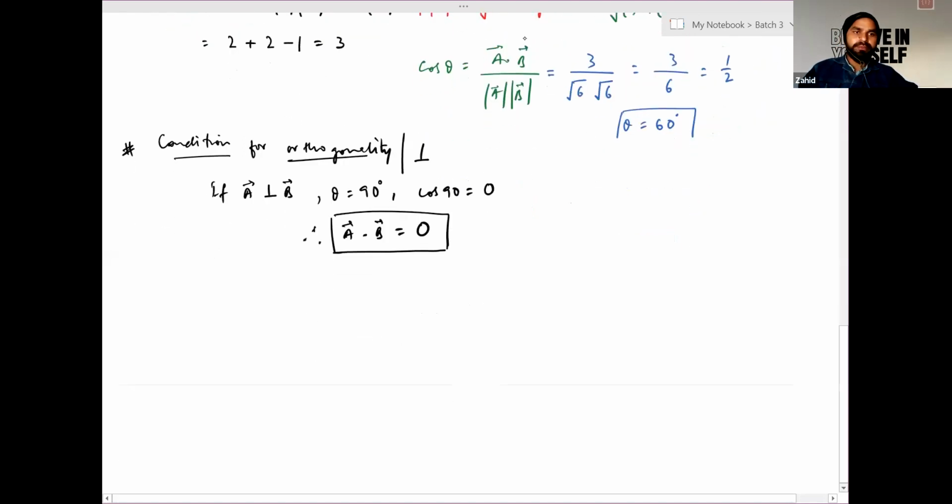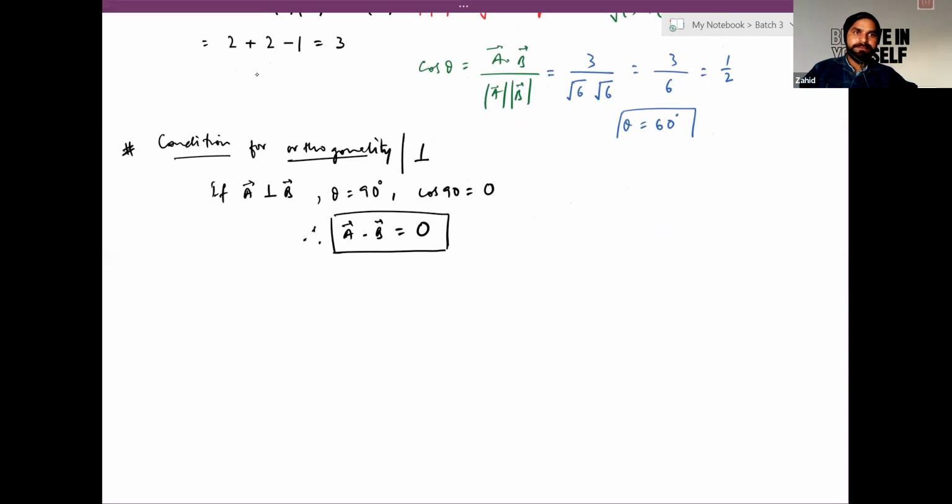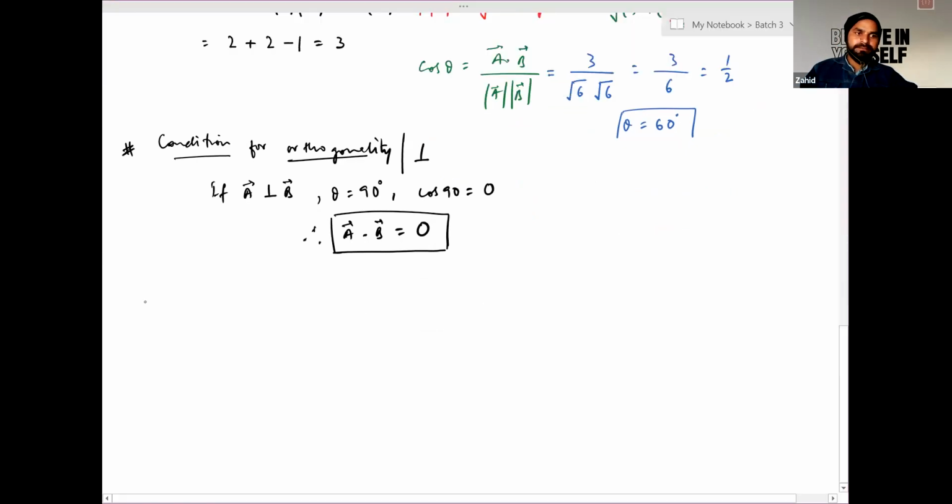Now I'm giving you one problem related to this. If you have A is equals to 3i minus 2 lambda j cap plus k cap, B is equals to i plus j minus 4k.